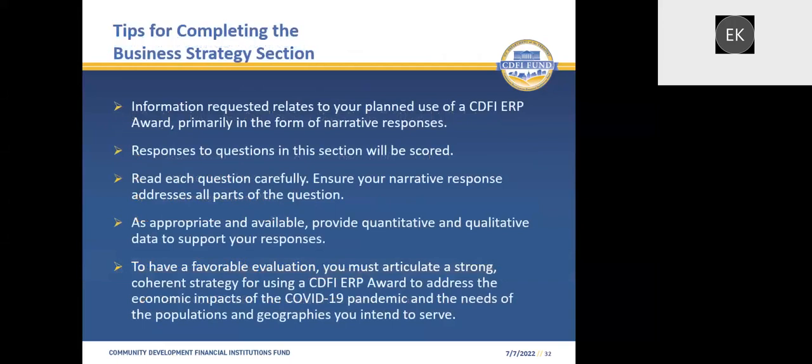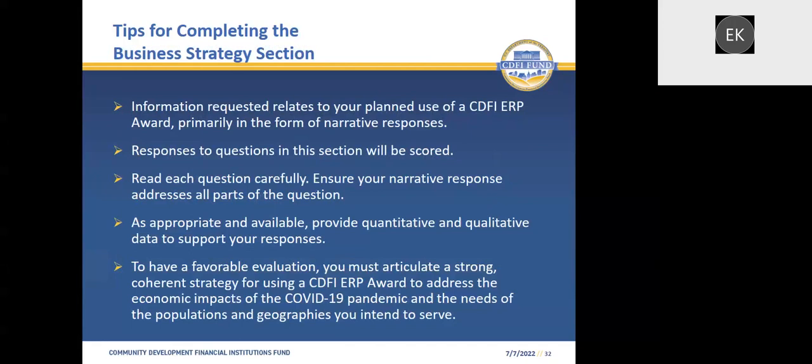Tips for completing the business strategy section. Information requested relates to your planned use of a CDFI ERP award, primarily in the form of narrative responses. Responses to questions in this section will be scored. Read each question carefully. Ensure your narrative response addresses all parts of the question.